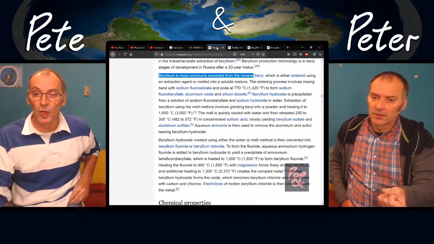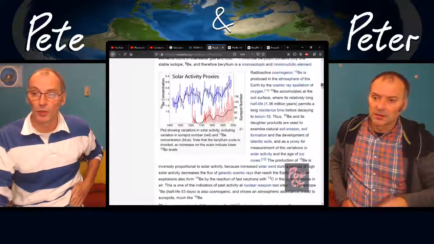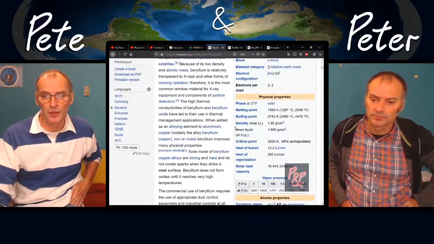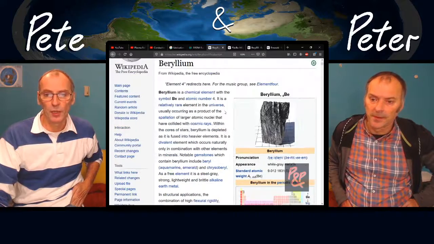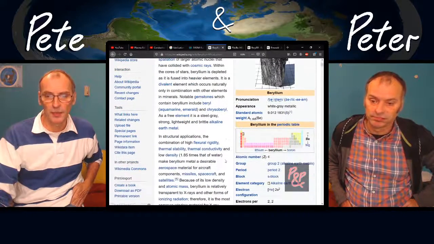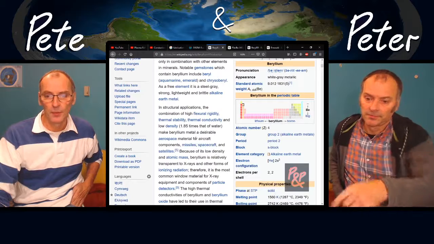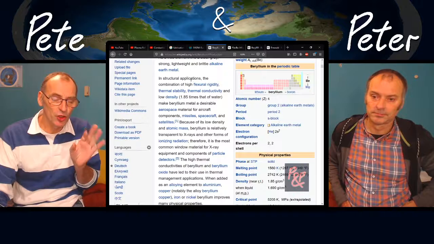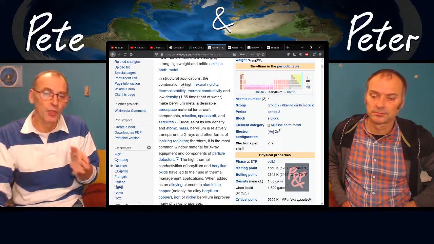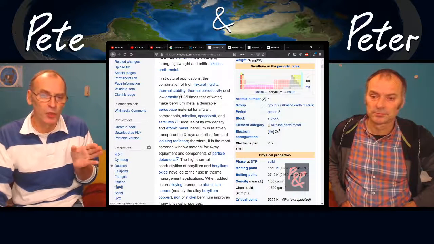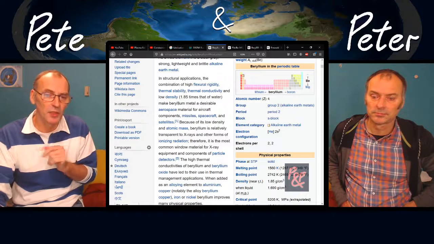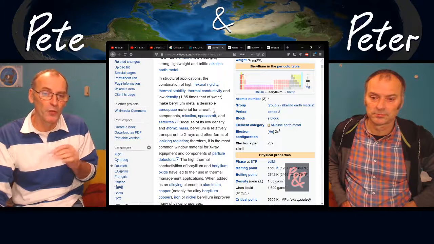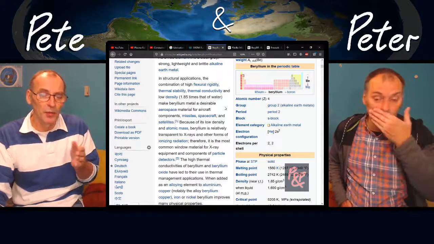One of the things I felt was quite interesting is the uses of it. In structural applications, the combination of high flexural rigidity, thermal stability, thermal conductivity and low density make beryllium metal a desirable aerospace material for aircraft components, missiles, spacecraft and satellites.